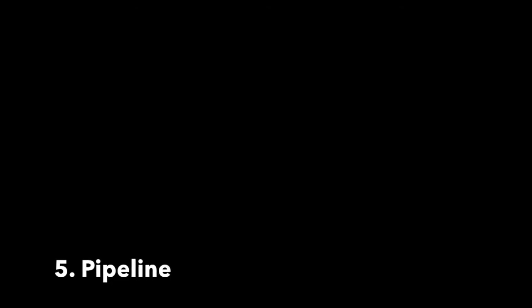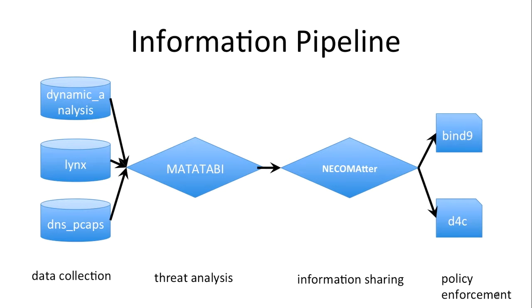The subsequent slides will now explain a potential application scenario of this system. Our platform provides a pipeline which can connect data sources, analysis modules, and mitigation systems. In this scenario, we used several kinds of analysis modules to detect malicious DNS domain names.